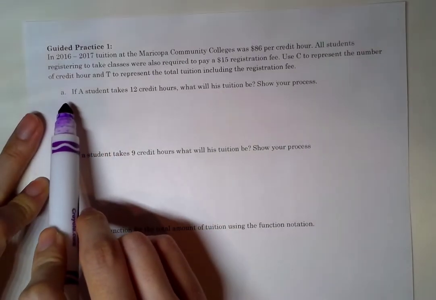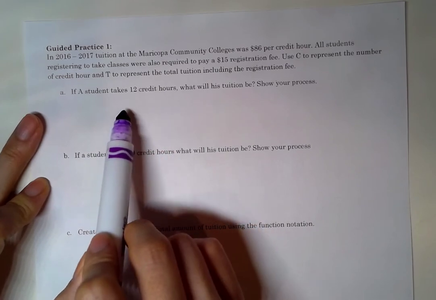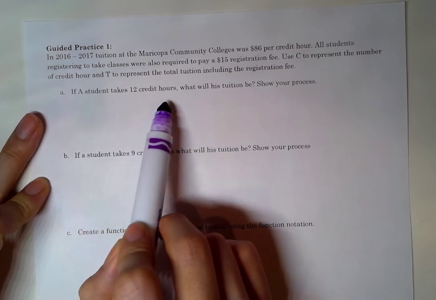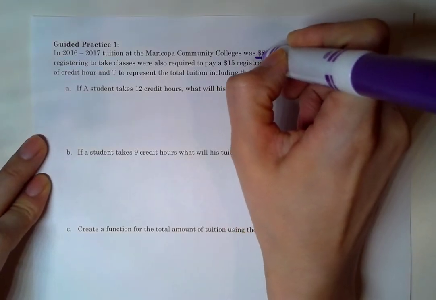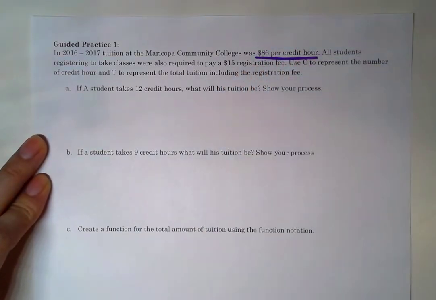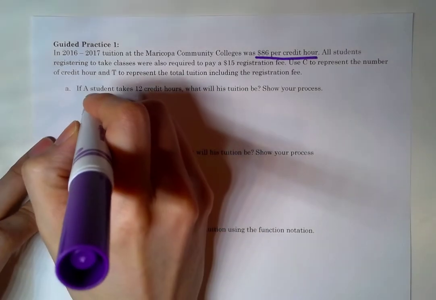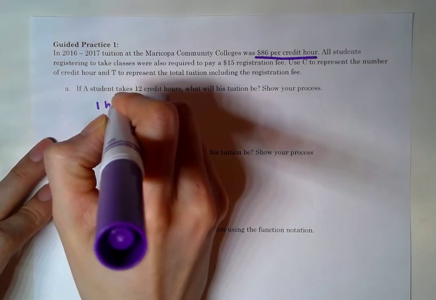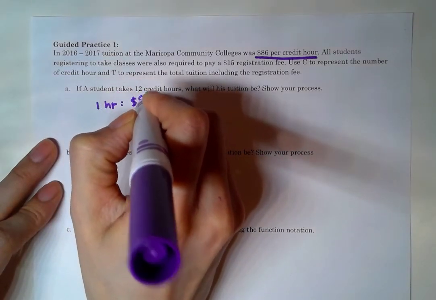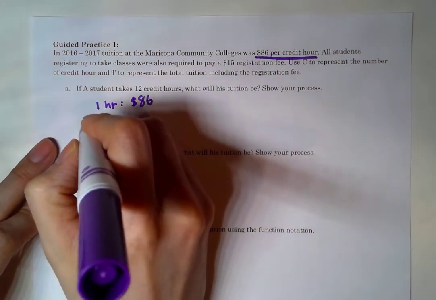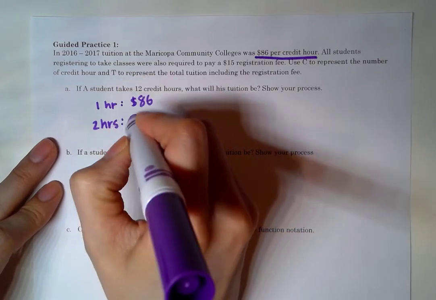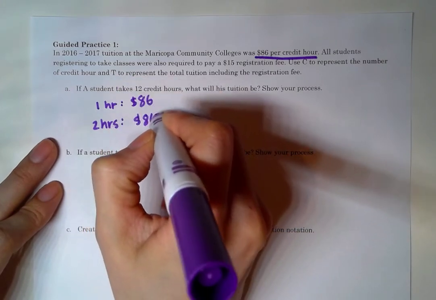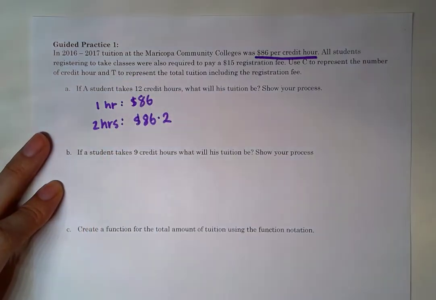It says if a student takes 12 credit hours, 12 hours, right? Remember, $86 per hour. That means 1 hour, $86. 2 hours, then you need to pay double, so 86 times 2.